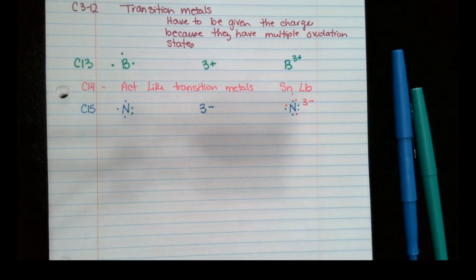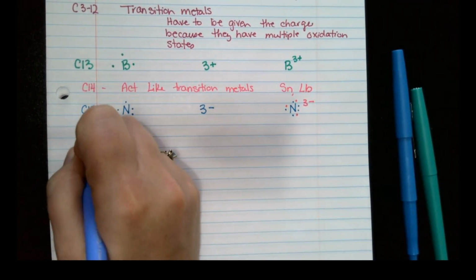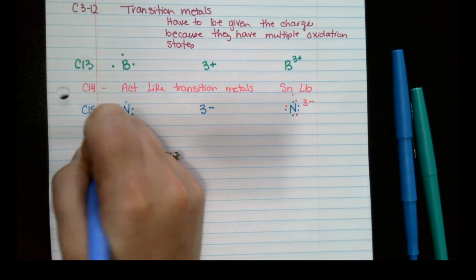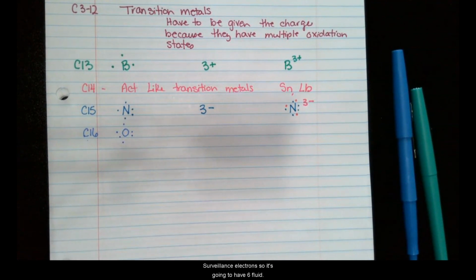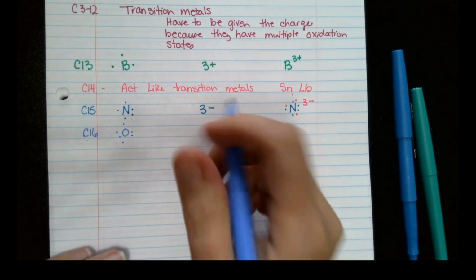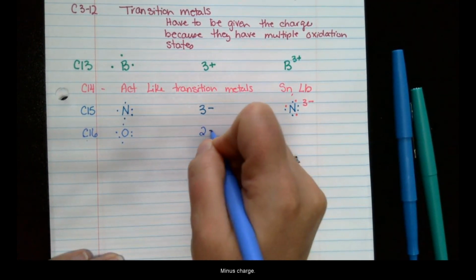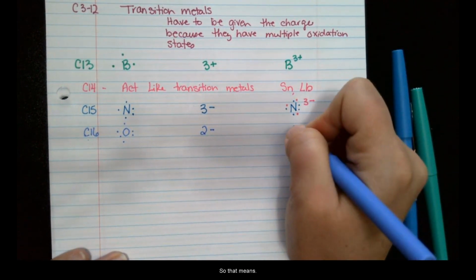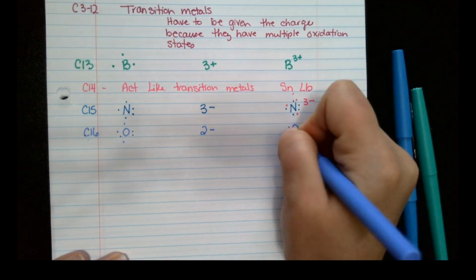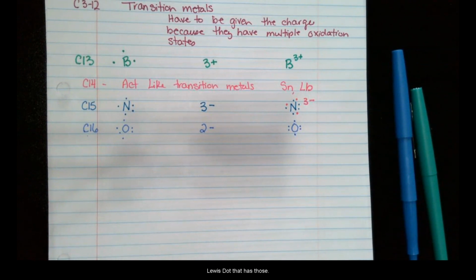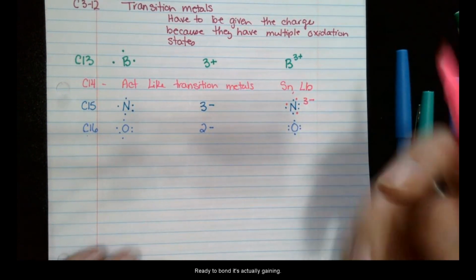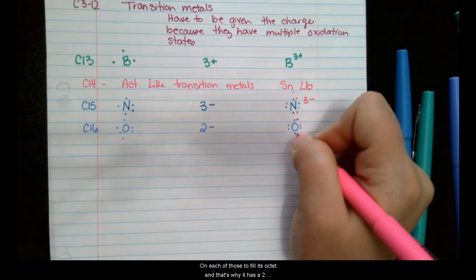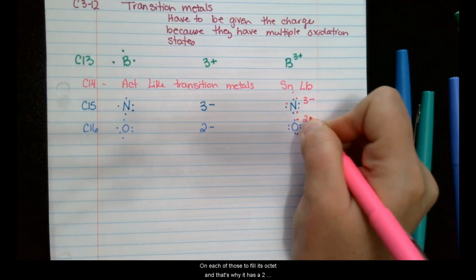For column 16, that's like oxygen. It has 6 valence electrons, so it's going to have 6 Lewis dots. It's got a 2 minus charge, and so that means in this Lewis dot that has those 2 ready to bond, it's actually gaining an electron in each of those to fill its octet, and that's why it has a 2 minus charge.